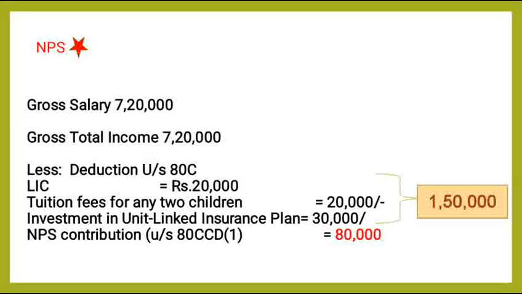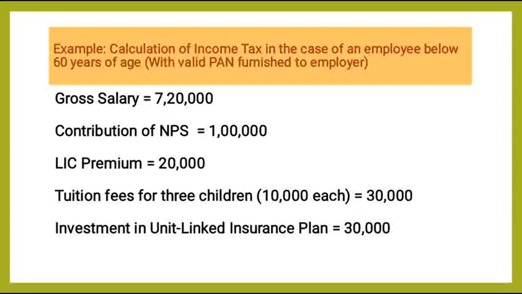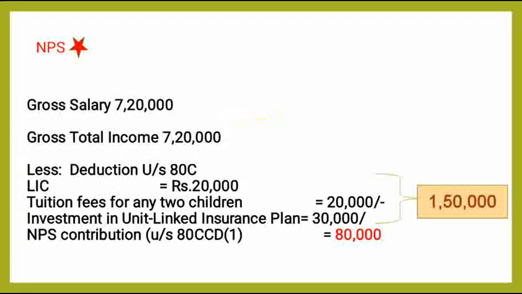So LIC premium is rupees 20,000, tuition fee for any 2 children. He pays rupees 10,000 for each child. That means tuition fee for 2 children is rupees 20,000. Investment in ULIP rupees 30,000. But here NPS contribution, he was contributing towards NPS at the rate of rupees 1 lakh.